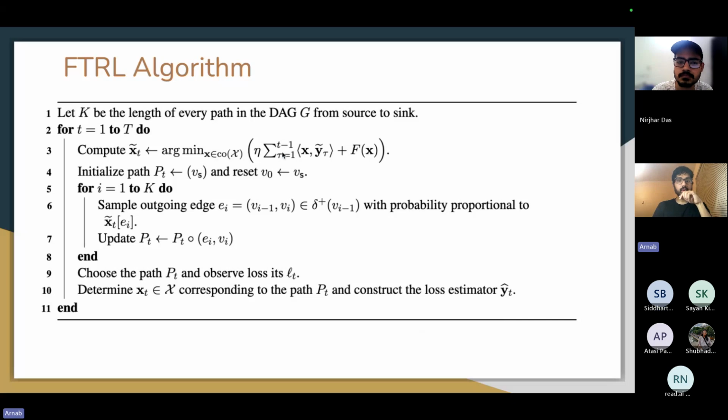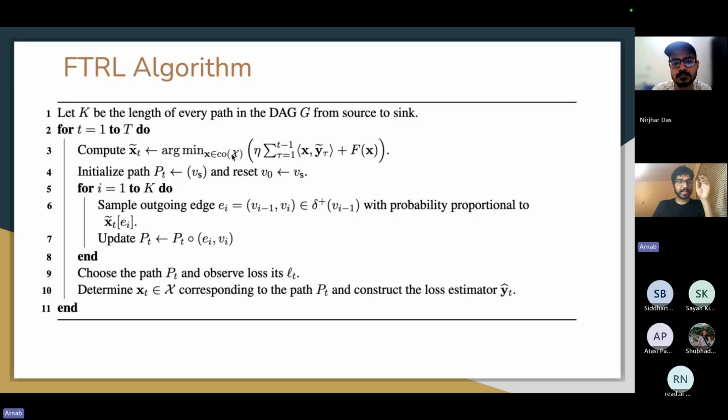You solve this FTRL optimization equation, and you choose your f of x to be a strongly convex regularizer, like Tsallis half entropy, or even negative entropy is fine. Then you compute the flow, and using the flow, you generate the integral path. That would be your algorithm. All your computational efficiency is here.